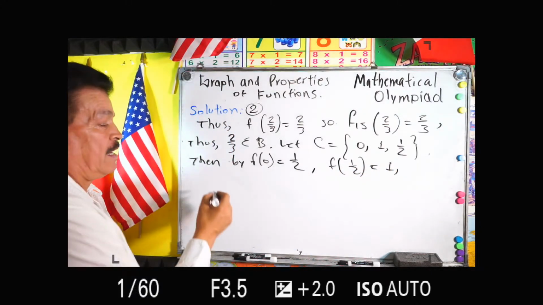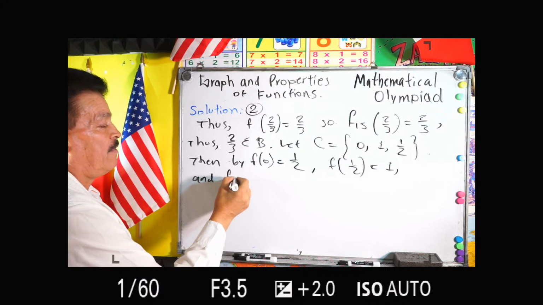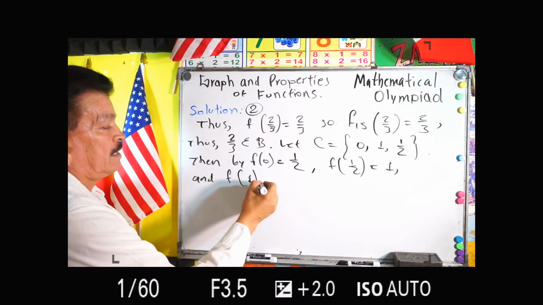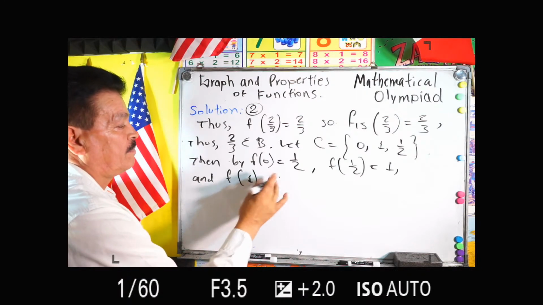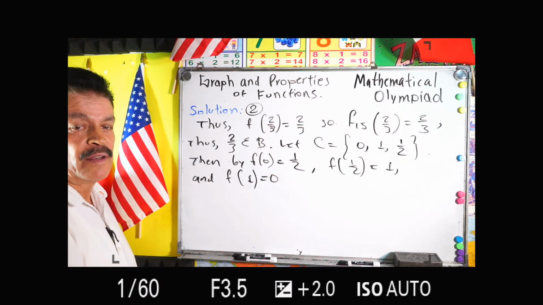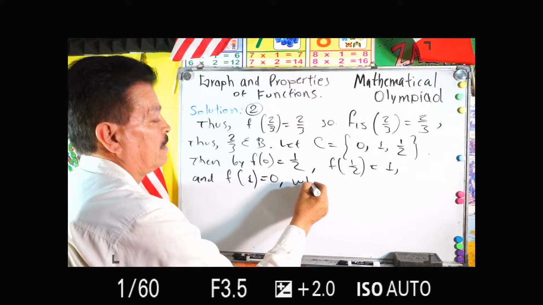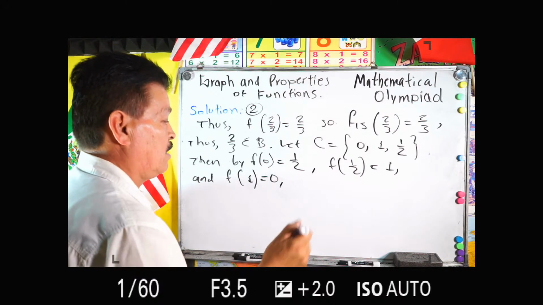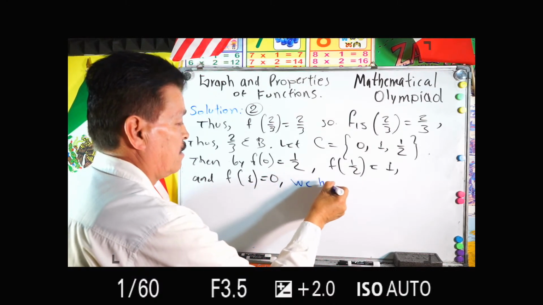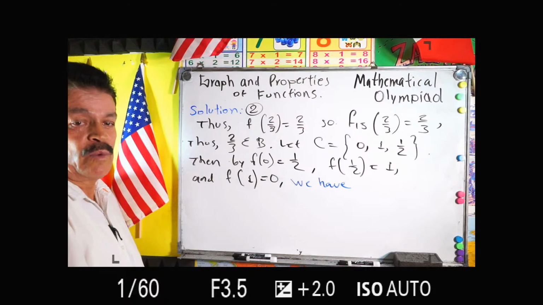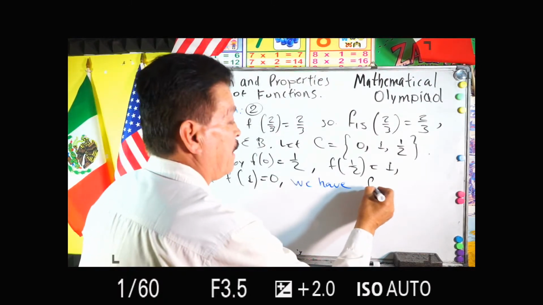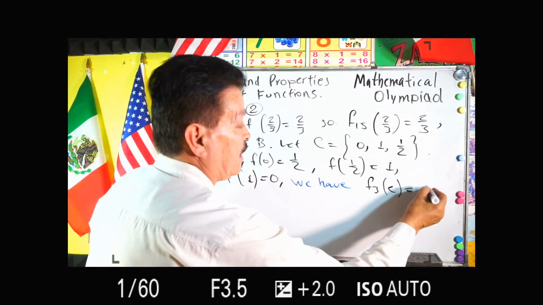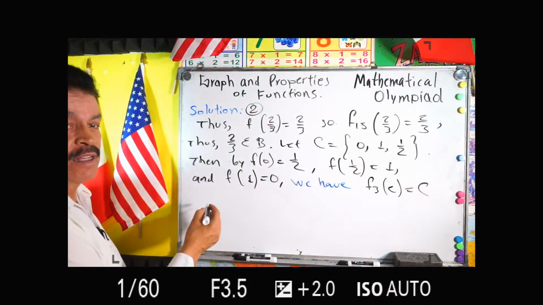See, and then f of 1 equals 0. See, we have. Let me use a different color here. We have f3 of C equals C, right?